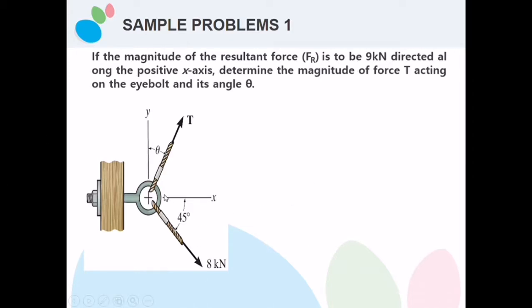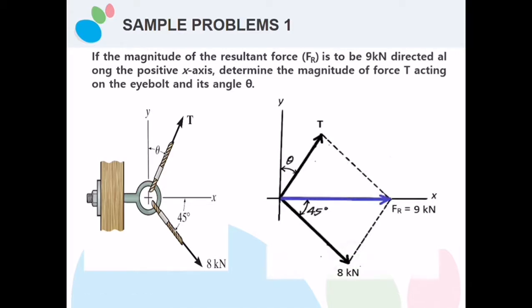Okay, so if you get the free body diagram from this figure, we can redraw the figure like this. Here is the y-axis, and this is the x-axis. Take note that the problem says the resultant vector is directed along the positive x-axis.